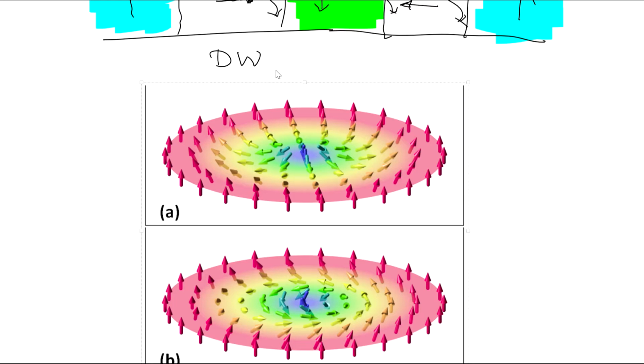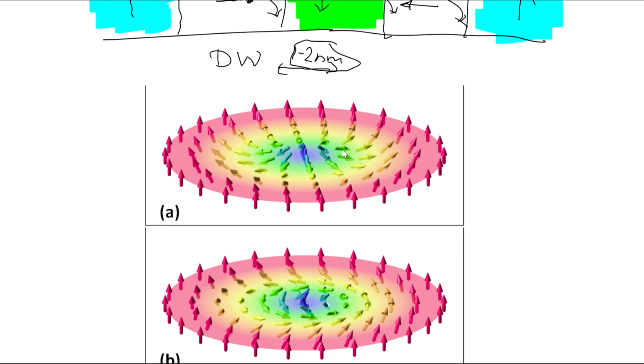The typical size of this domain can be 1-2 nanometers, which is a very small size. The magnetic moment in the middle points down, this in blue, and here is your domain wall, 1, 2, 3, 4 spins apart.